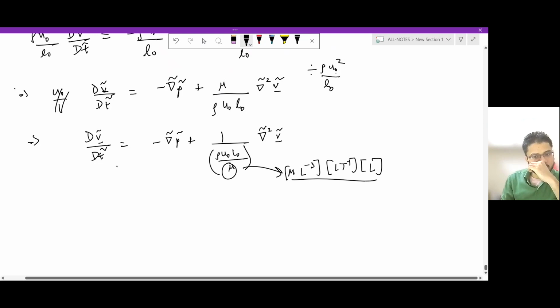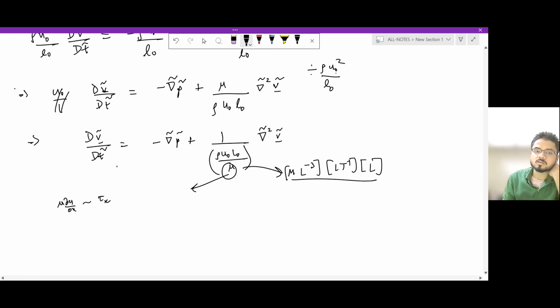So how do you obtain the dimension of mu? It's quite simple in the sense that mu del u by del x is of the order of the shear stress, maybe tau xy, let's call it.